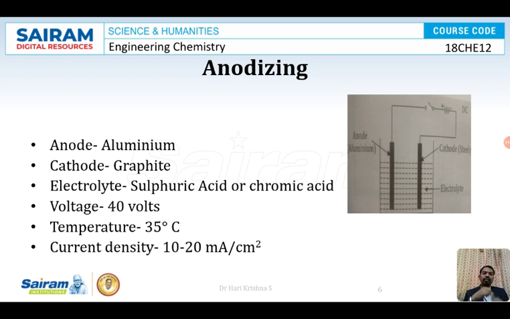So the anode is aluminium, and we take an inert electrode, graphite, as the cathode. You dip it in acid media, that is sulfuric acid or chromic acid, and at around 40 volts at room temperature anodizing occurs. Depending on the application, you vary the time.